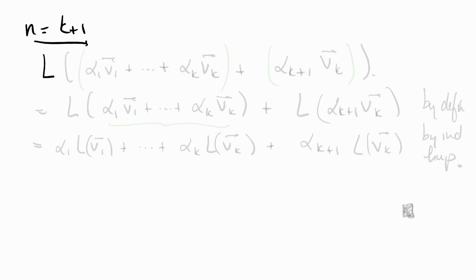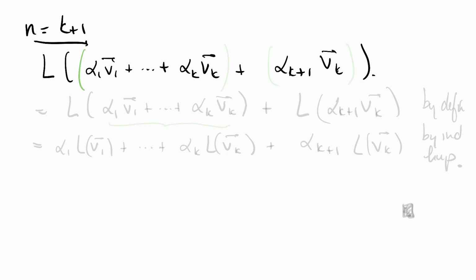Well, we're going to apply L to alpha 1 V1 through alpha k Vk plus alpha k plus 1 V k plus 1. The definition of linear transformation says that we can apply our rules for linear transformations directly to the sum of two vectors.